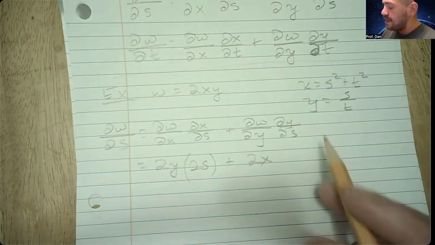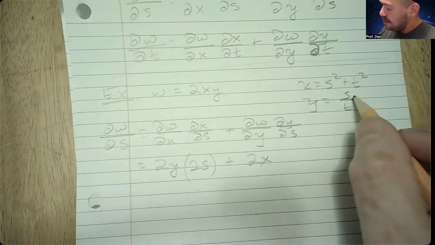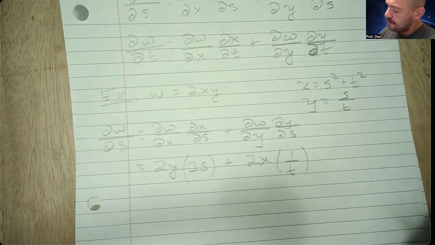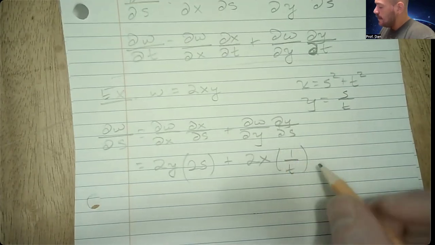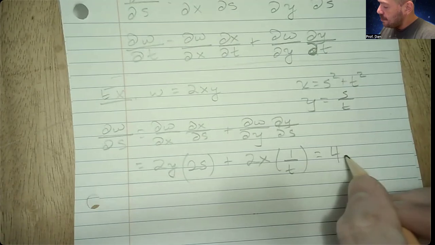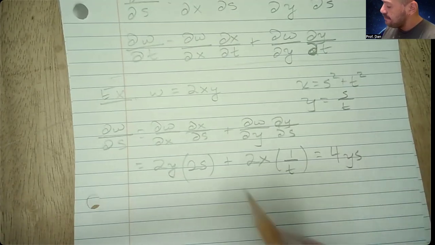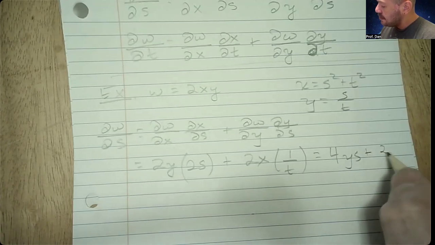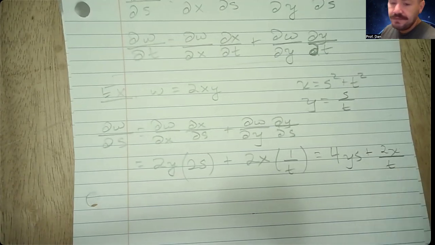The partial of y with respect to s, right, we would get 1 over t. So cleaning that up a little bit, we get 4ys plus 2x over t.